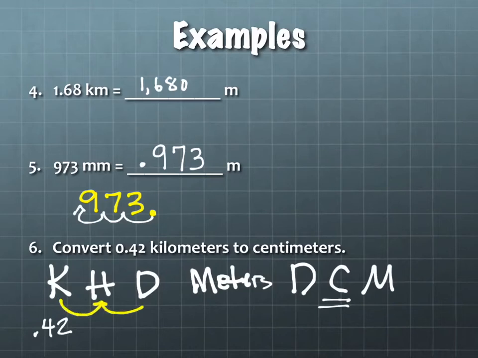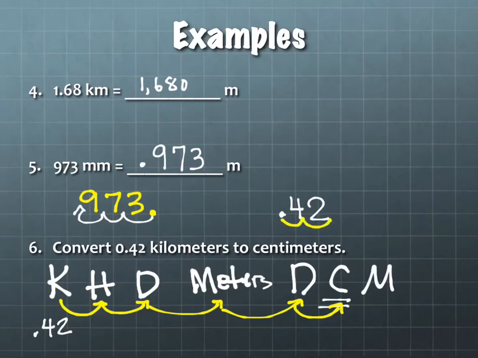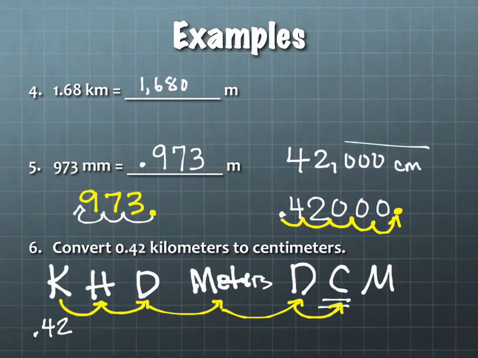I need to go 1, 2, 3, 4, and 5 decimal places to the right, because it's 5 places to the right in the number system. So my value starts out, I'll put the number up here, as 0.42. Here's 2 moves right there, and I've got 42. But I need 3 more, so I need 3 zeros to allow me the space to move it 1, 2, and 3 more times. So my decimal point will end here, which means I now have, I'll write it above it, I keep running out of space, I'm sorry, 42,000 centimeters.